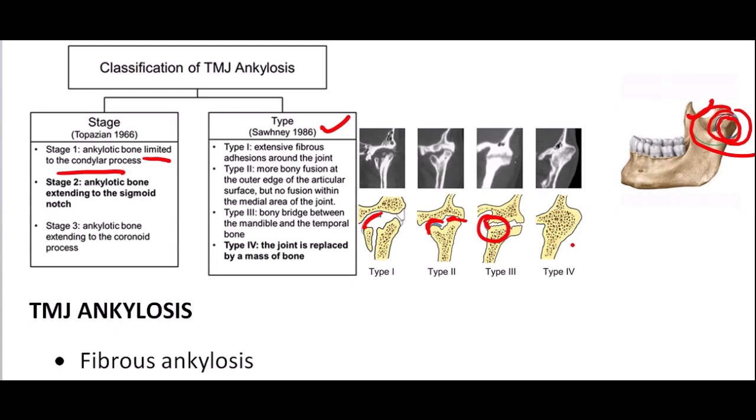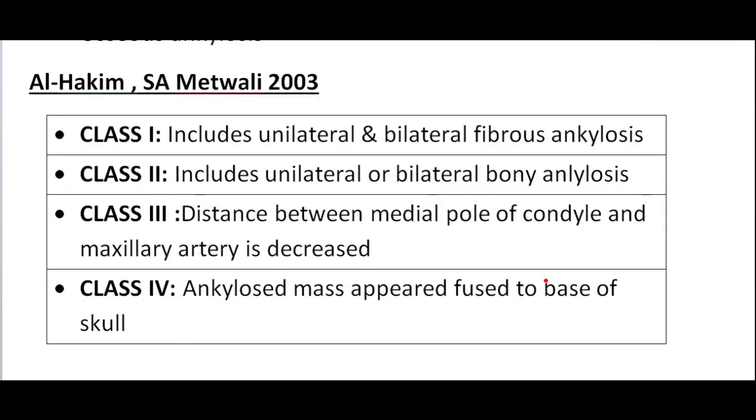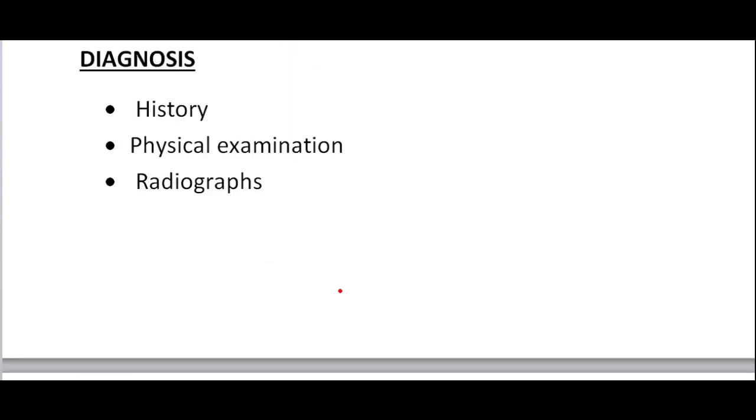And type 4, when the joint is replaced by a mass of bone, it's the type 4 classification. Other is Al-Hakim classification, class 1, class 2, class 3 and class 4. Remember that? Now how can you diagnose this ankylosis?